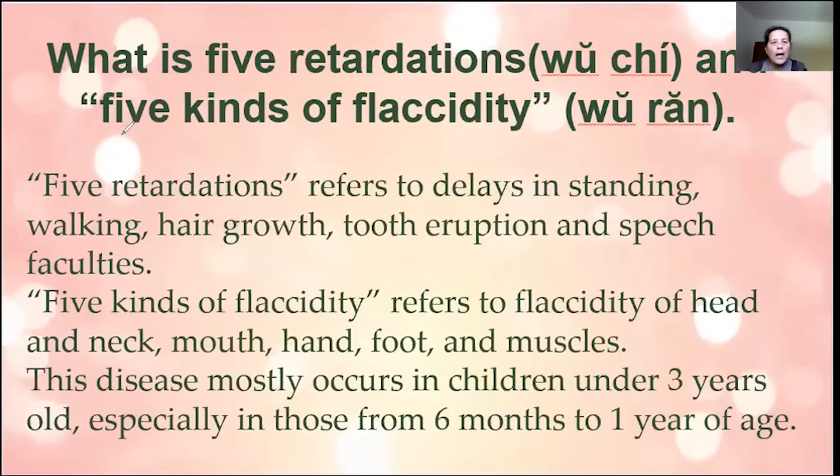For TCM, we say the kidney controls the bone, holds the bone marrow, and the brain is the sea of marrow. So we say genetic problems are mainly related to the kidney. So that's mainly for TCM.